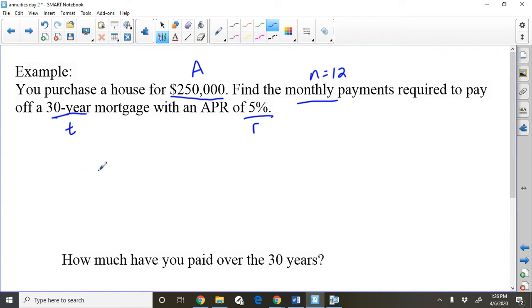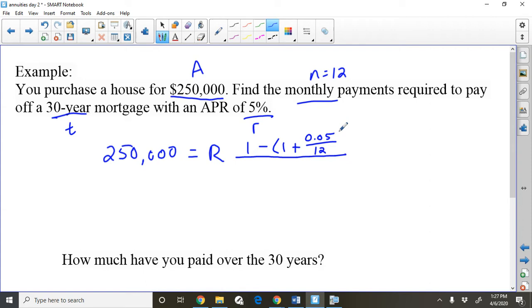So when we plug into the formula, our present value, $250,000, is equal to the monthly payment, which is what we're trying to find, times 1 minus, in parentheses, 1 plus the rate, 5% is 0.05, over n, number of compounding periods per year, raised to the negative nt, negative 12 times 30.